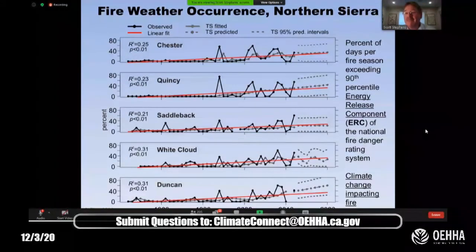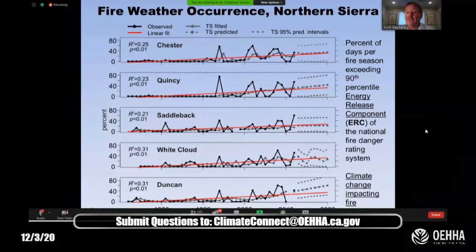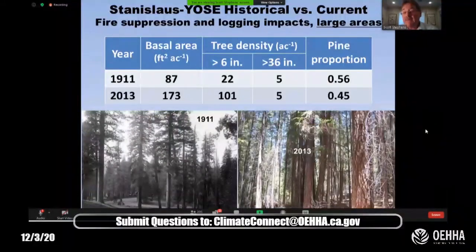We know from the past this has happened already. Tom Swetnam's work on giant sequoia in California shows there were different fire regimes during the medieval warm epoch and also during the Little Ice Age. So we have records of this already, and no doubt, again, we're going to continue to see fire and climate change be connected.